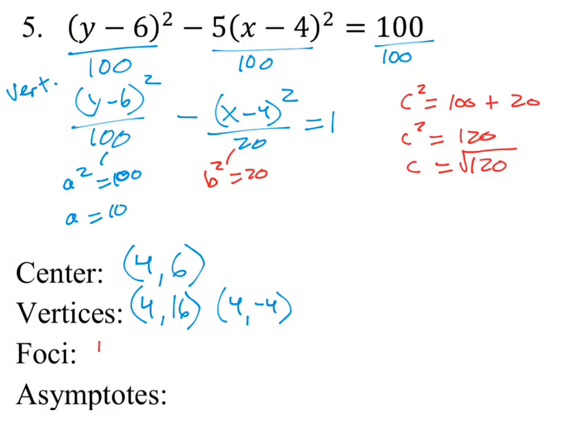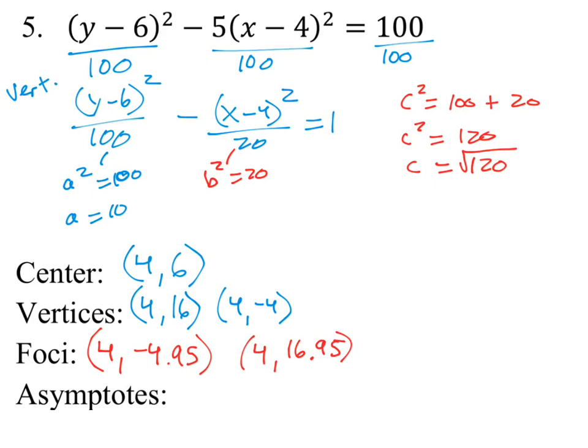And so that's going to give us 4, and then 6 plus root 120 and 6 minus root 120, which, let's just go ahead and get the decimal approximations so you can kind of see those. Go ahead and plug those in. Alright, I got negative 4.95 and then 16.95.